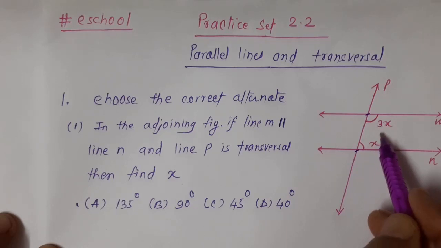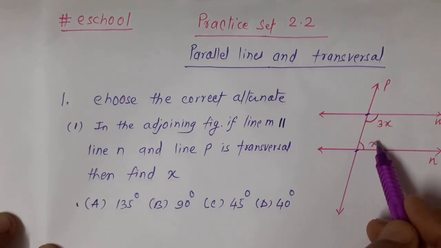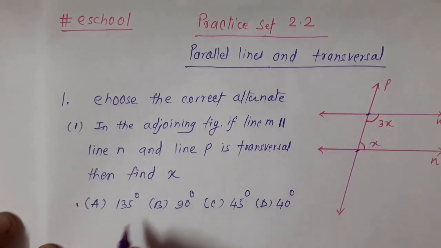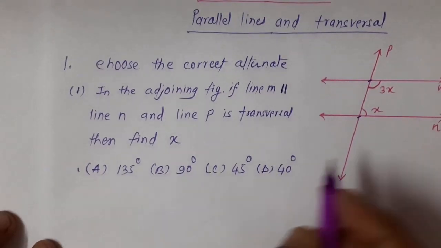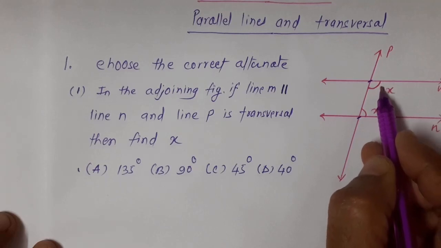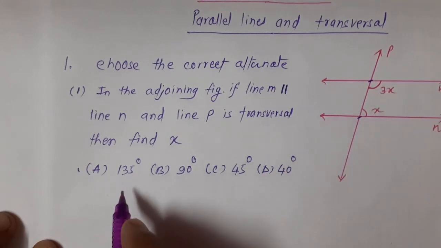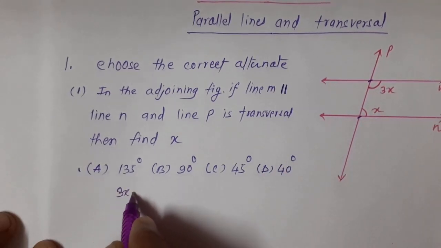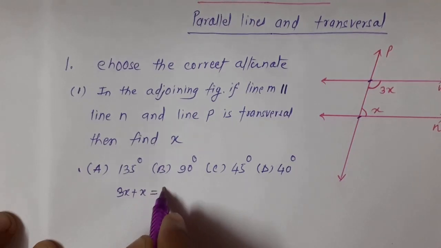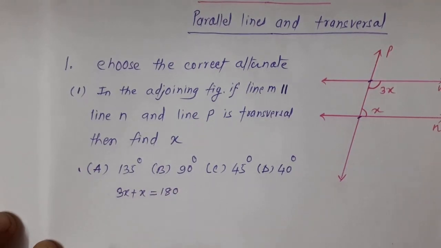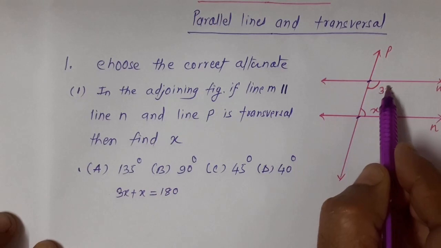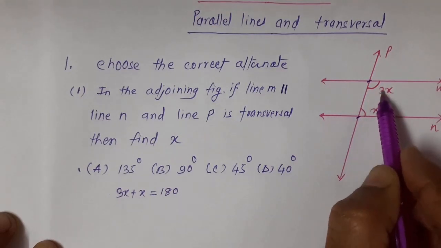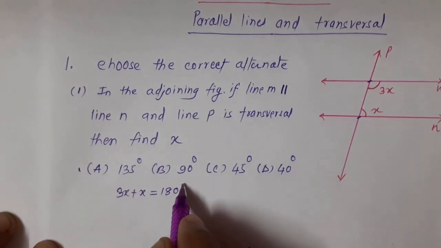You know that interior angles are supplementary. So when I add these two angles, 3x plus x is equal to 180, because the addition of this interior angle pair is equal to 180 degree.